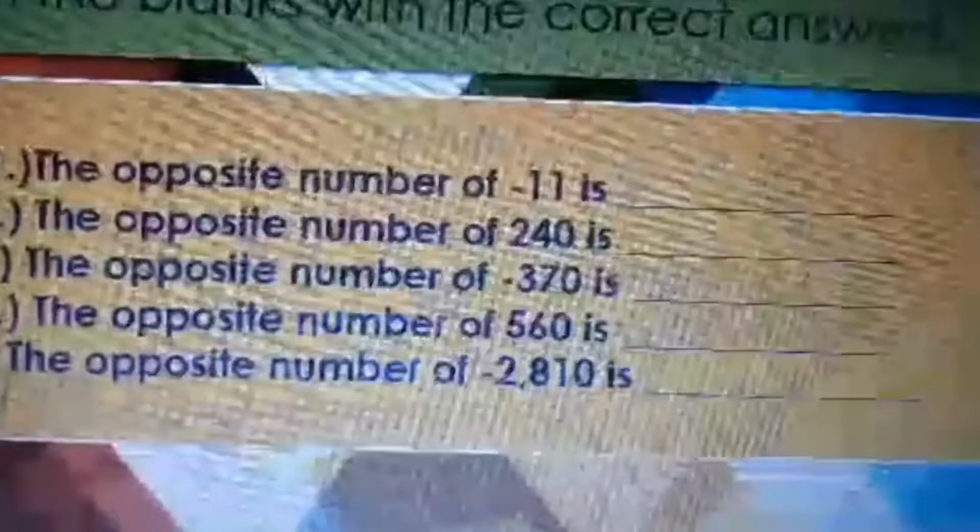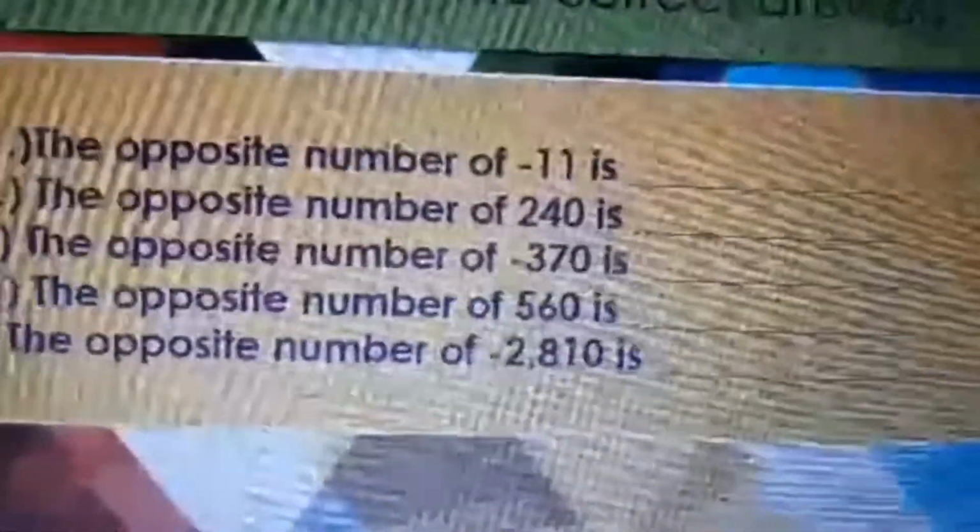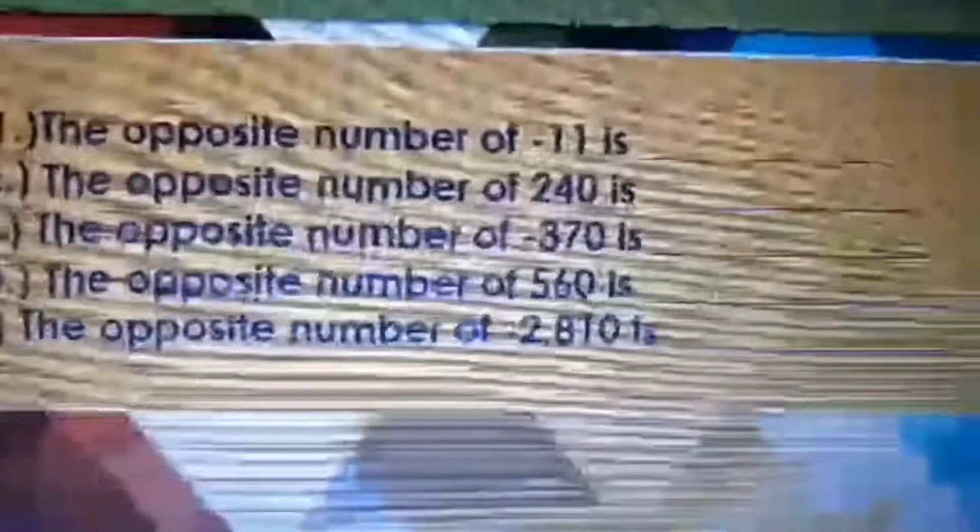Okay, again, let's answer. The opposite number of negative 11 is positive 11. Number 2, the opposite number of 240 is negative 240. The opposite number of negative 370 is positive 370. Number 4, the opposite number of 560 is negative 560.